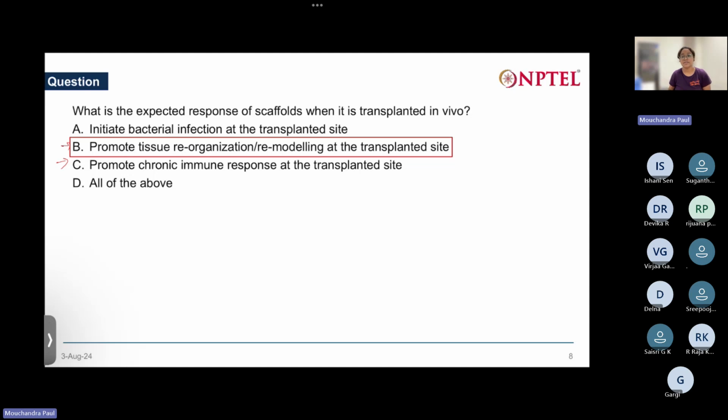It means secondary surgical intervention is not required at all. If in this question A and C happen, both of these are going to recreate a need for intervention. All right. So that is why option B is correct.